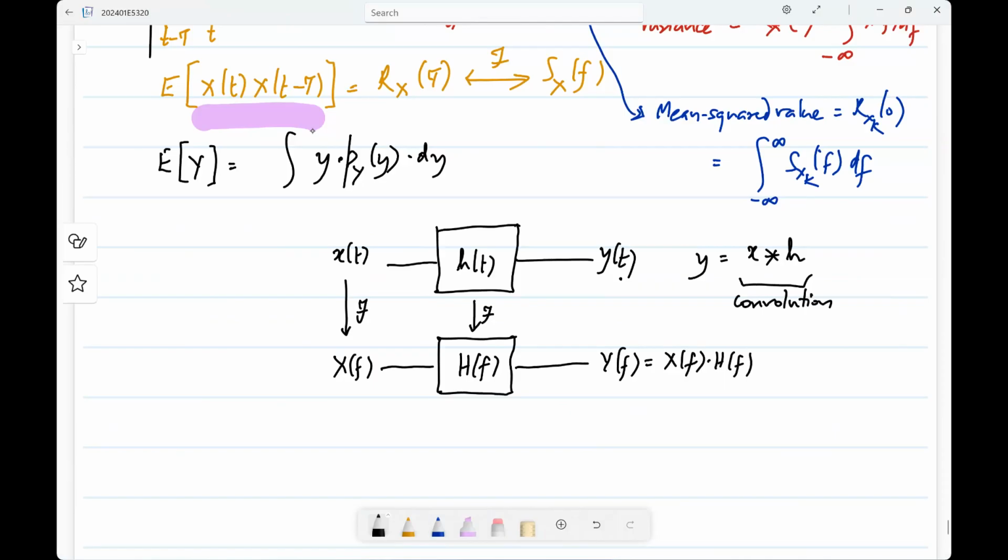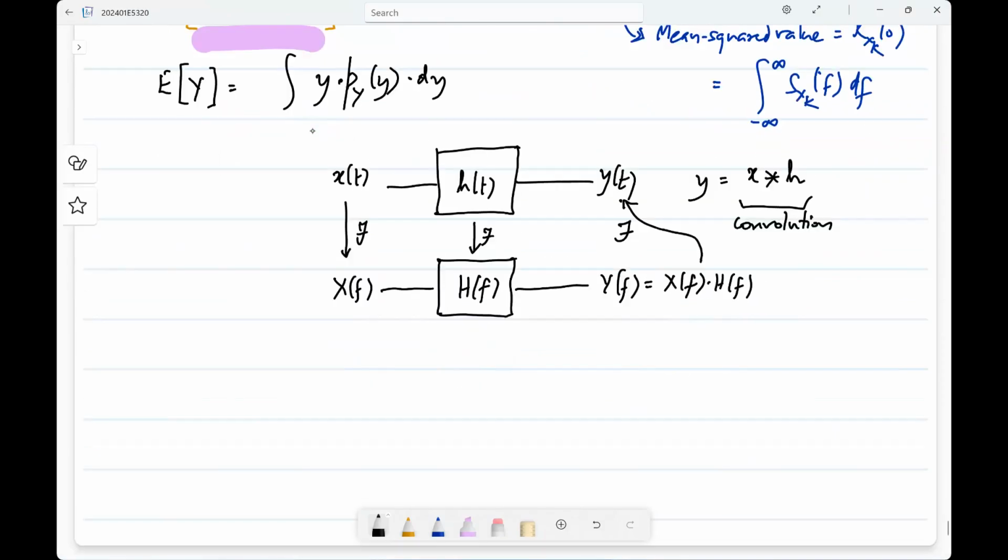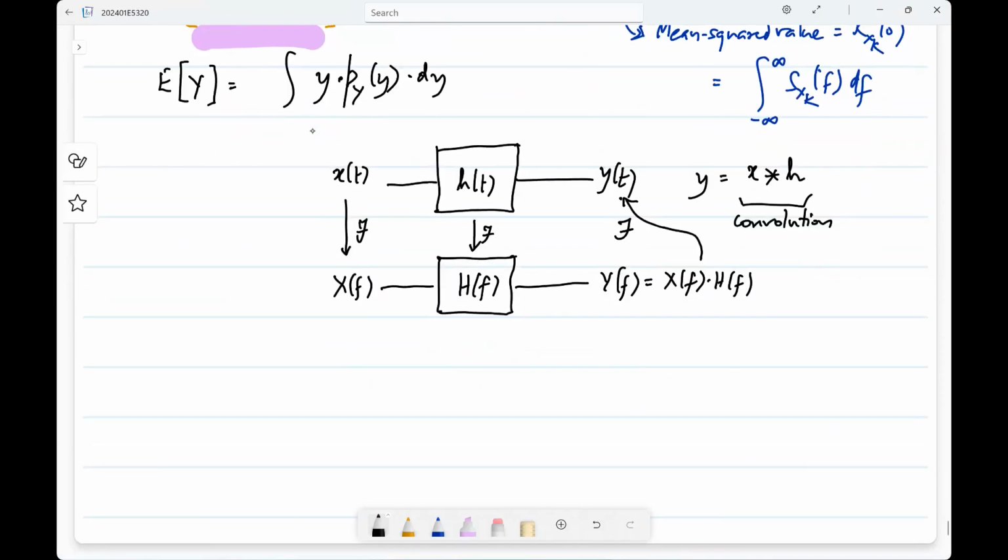Through the inverse Fourier transform, if you want, you can calculate the time domain function. This is normally how we do circuit analysis, right? Now, of course, we are not dealing with signals x and y and so on. We have to only work with autocorrelations.